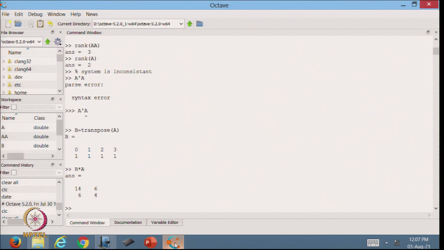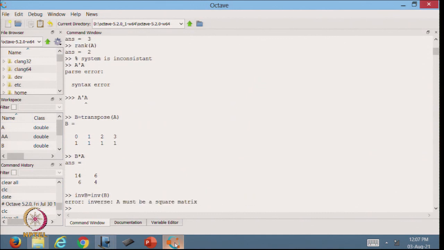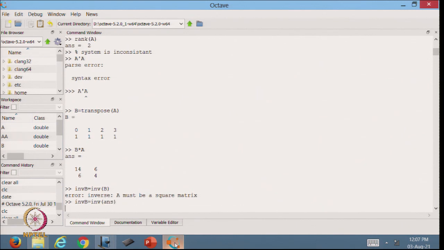So, I can write inverse of the matrix B star A, or I can write this answer ANS, this one.